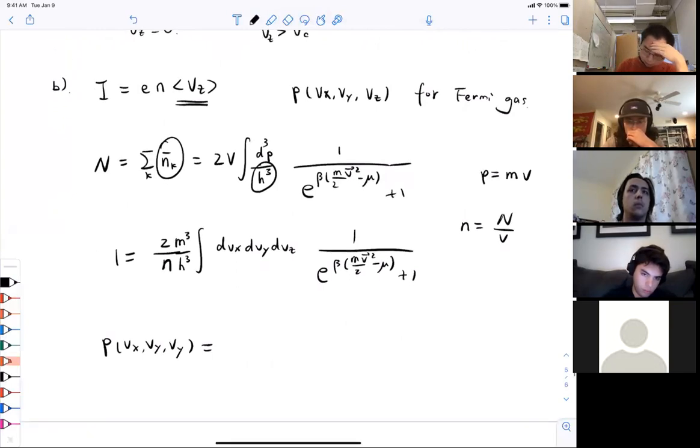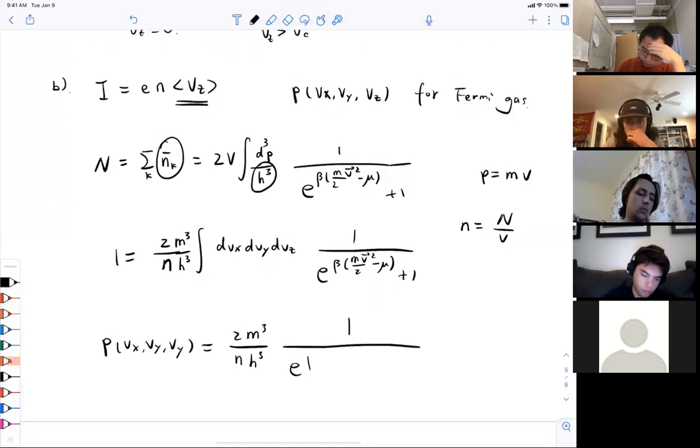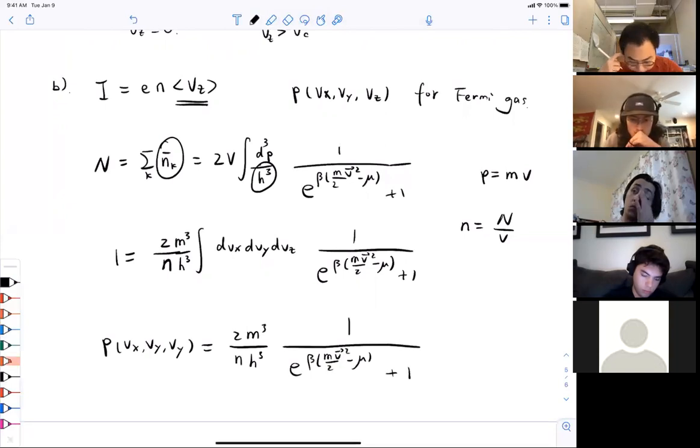That's the velocity distribution for the Fermi gas. Any question about this part?